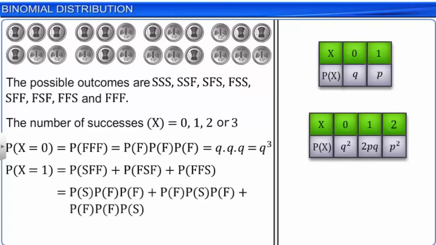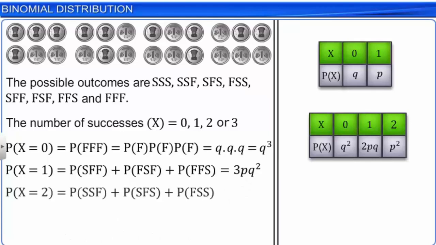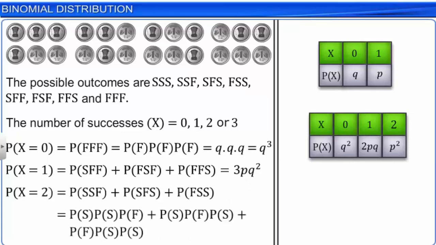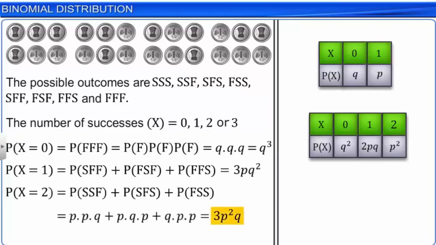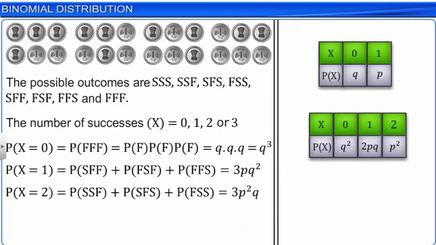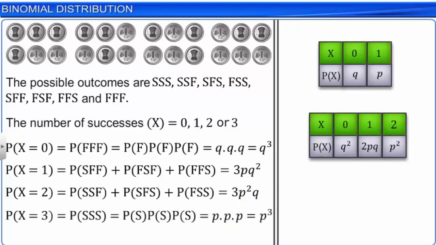The probability that X can take the value 2 is the sum of the probabilities of the occurrences of the events having 2 successes, which is 3P squared Q. The probability that X can take the value 3 is the probability of the occurrence of SSS, which is P cubed. Therefore, the probability distribution of X when the coin is tossed thrice is as shown.